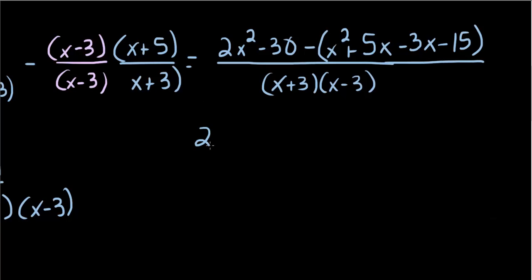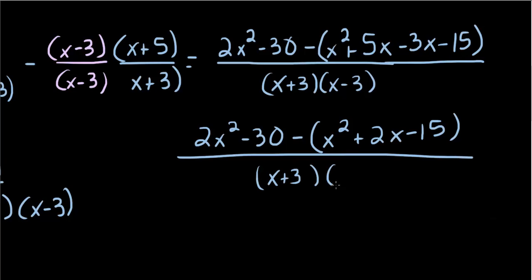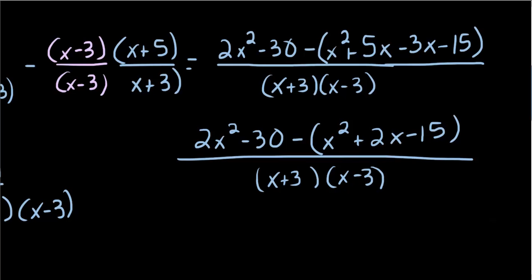Let's go ahead and rewrite this. 2x squared minus 30 minus, and I'm going to combine like terms, x squared, 5x minus 3x is positive 2x, minus 15. All of it over x plus 3 times x minus 3. And now I'm going to distribute the negative sign.